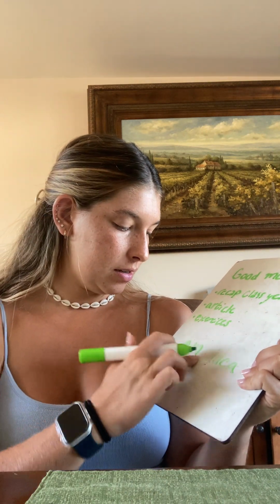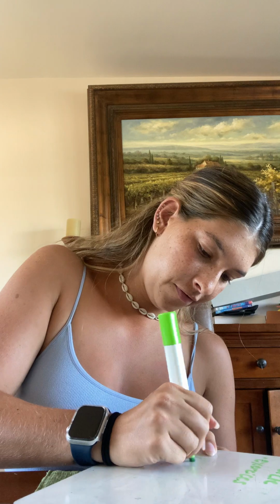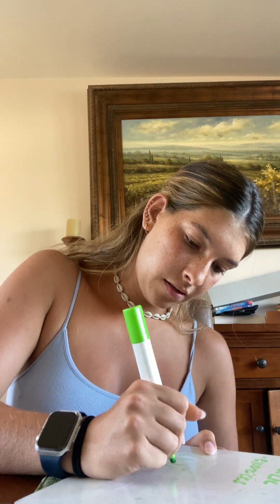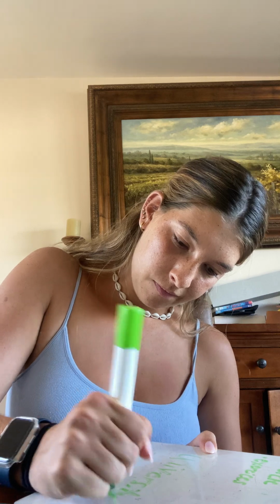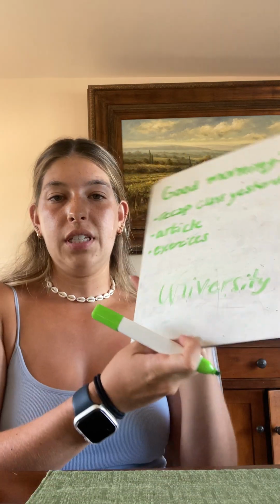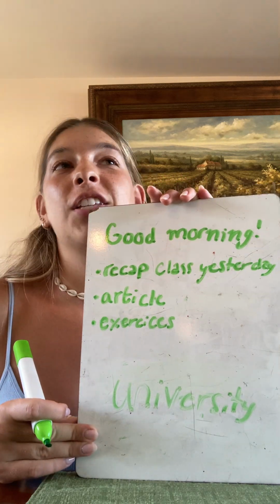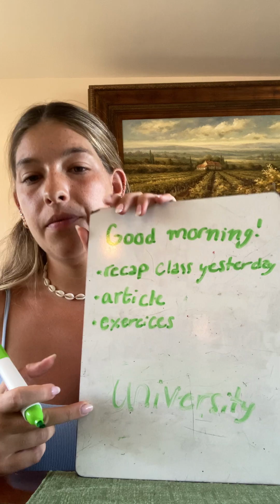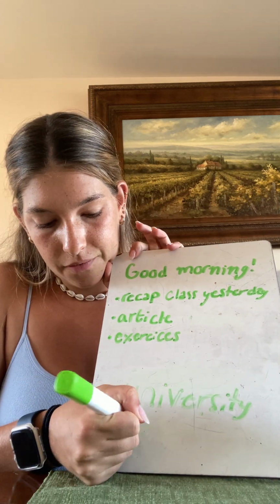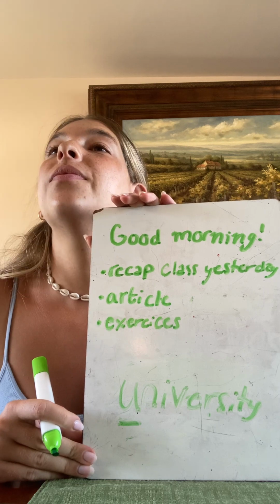But if I tell you "university", I'll write it down for you. University. That's a tricky one. Does anyone have an idea of what we'll put in front of it? If I say it starts with U. Go ahead.